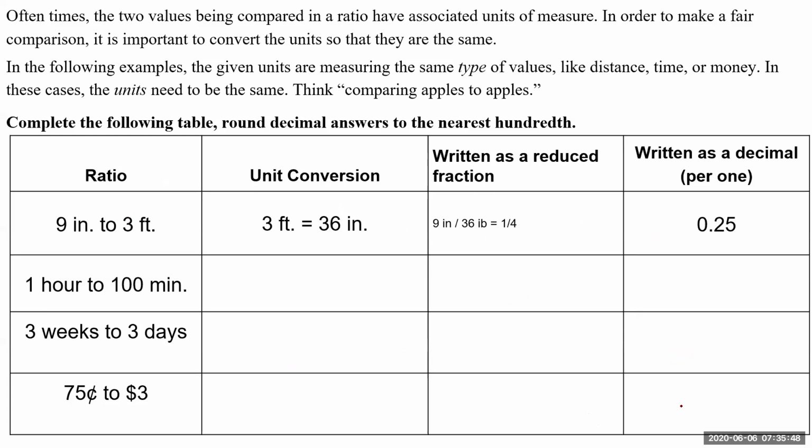Nice. Now here, we want to complete the table, rounding decimal answers to the nearest hundredth. Is that okay? Now, it's pretty simple. All right. So here, we have 9 inches to 3 feet. Now, to write these as a reduced fraction, you need to change from one unit to the other. Is that okay?